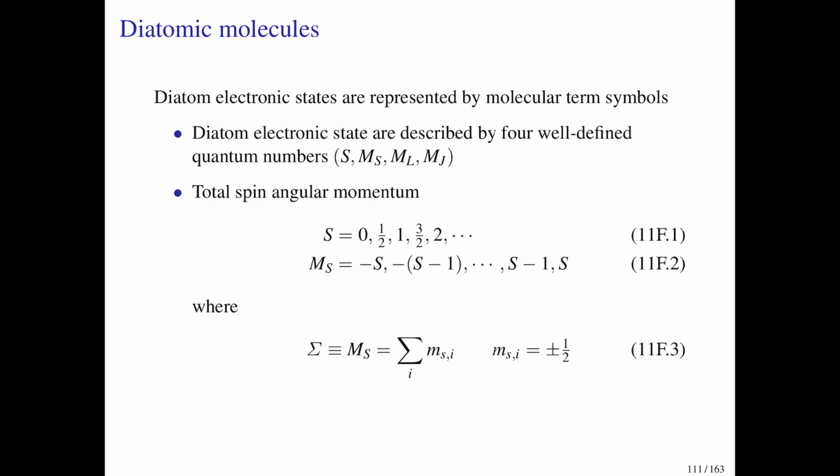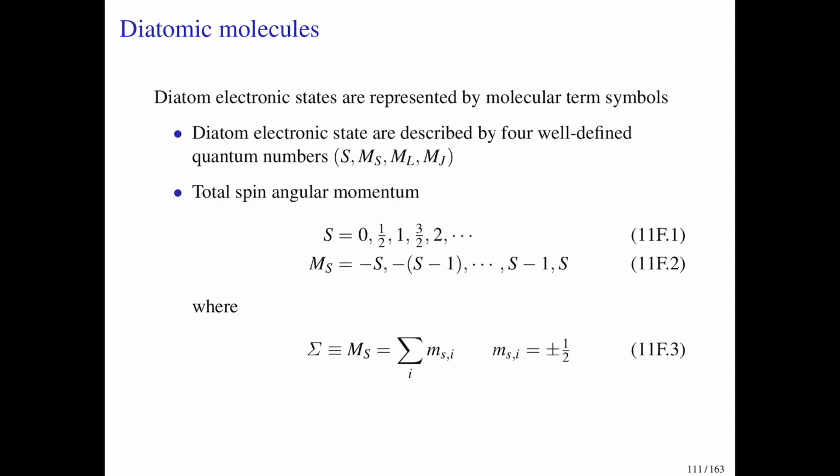If you're doing that high resolution spectroscopy on small molecules like a diatom, the diatom electronic states are described by molecular term symbols, and these are analogous to the atomic term symbols that we looked at previously when we studied the electronic structure of atoms. There are some differences, however.